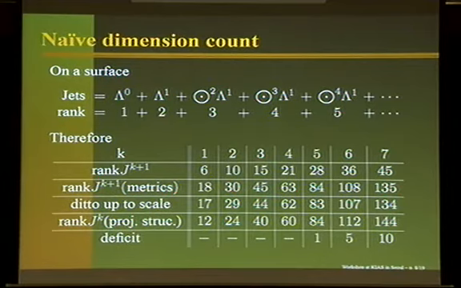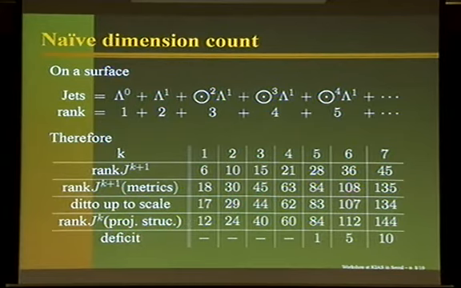Now we compare this with this. Suppose you're looking at this mapping from metrics to projective structures, jet by jet. To start with, when k is equal to 1, there's 17 degrees of freedom here and only 12 things that you're supposed to be hitting, so you expect it to be surjective.